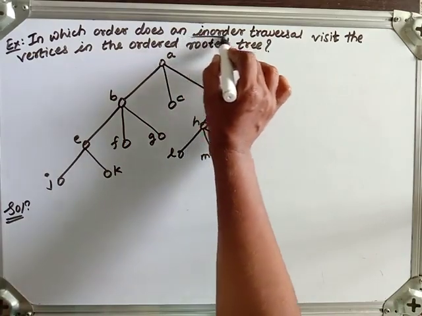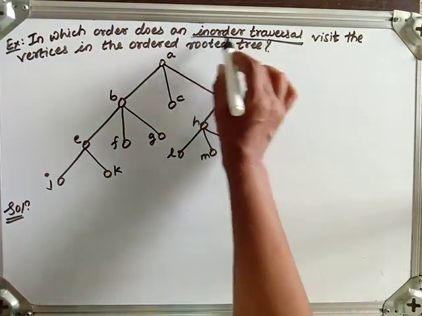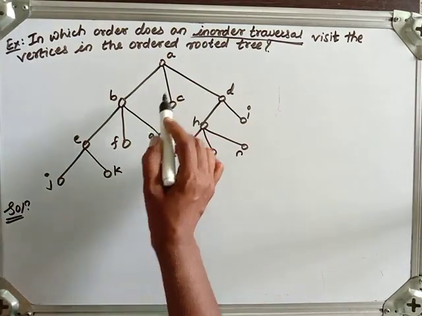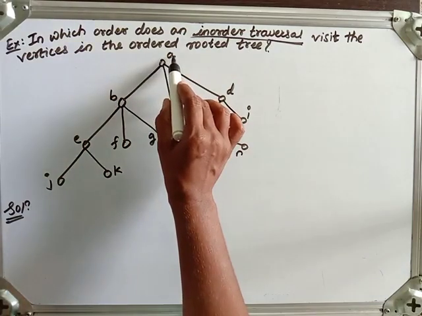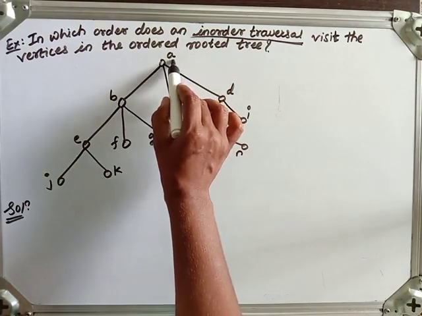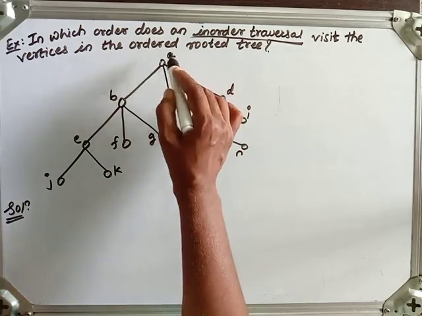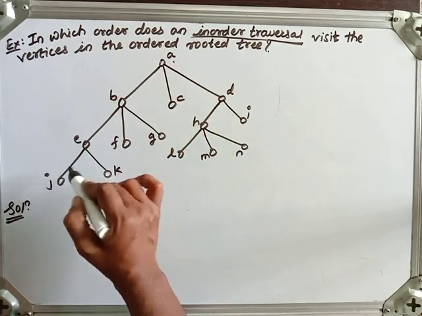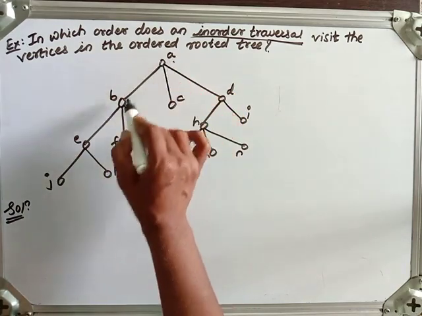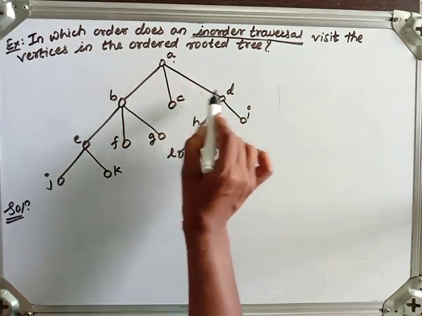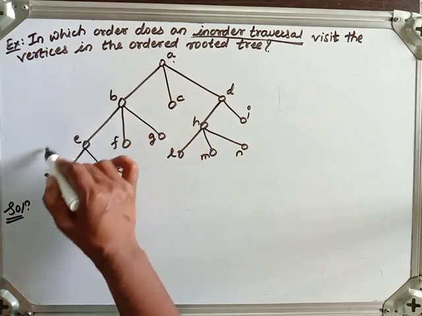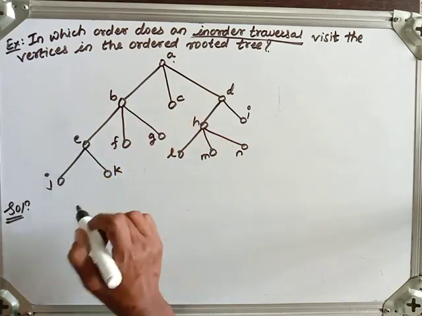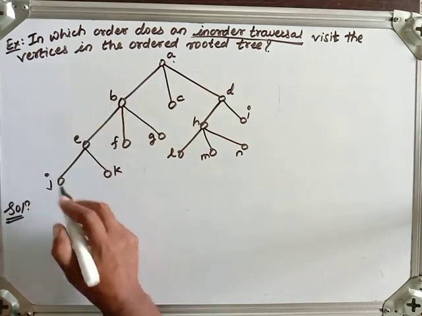Now the solution for in-order traversal. We have to follow the in-order traversal algorithm here. So we look for the root first. This is the root, and it has children B, C and D, so subtrees are there. B gives us the first subtree, T1. So our first step is to visit T1.